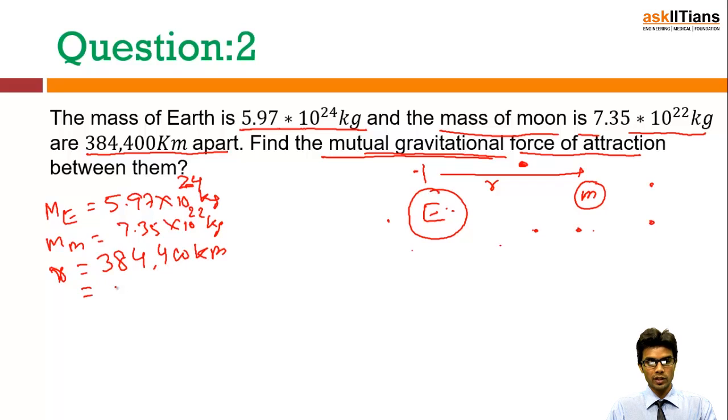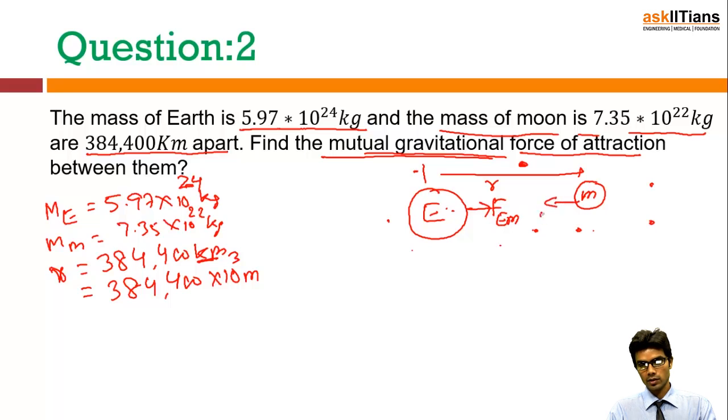We have to convert it into 384,400 into 10 to the power 3. We can't calculate in kilometer, we have to convert it into SI units, so meter. Now we have to find the force between these two bodies. So this is the force of attraction between earth and moon.